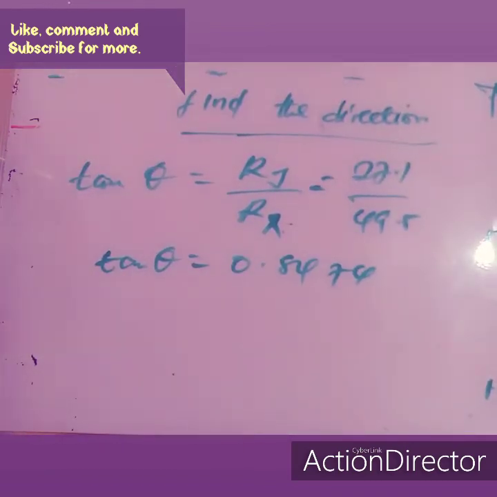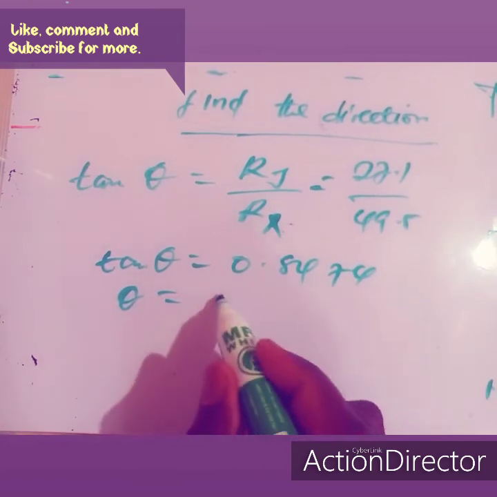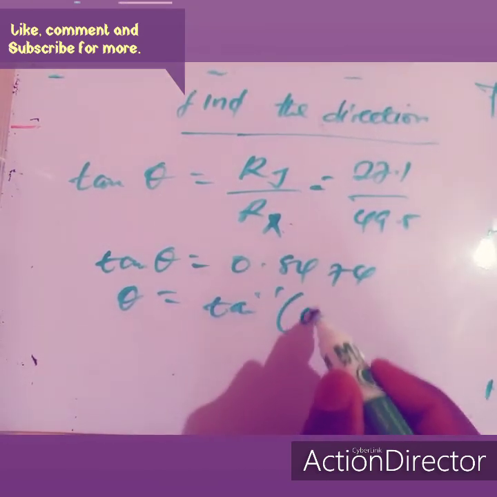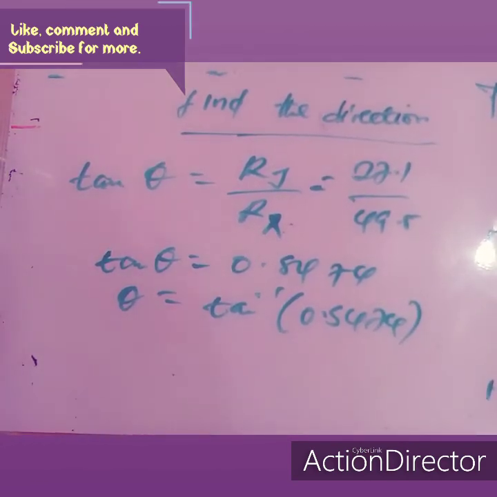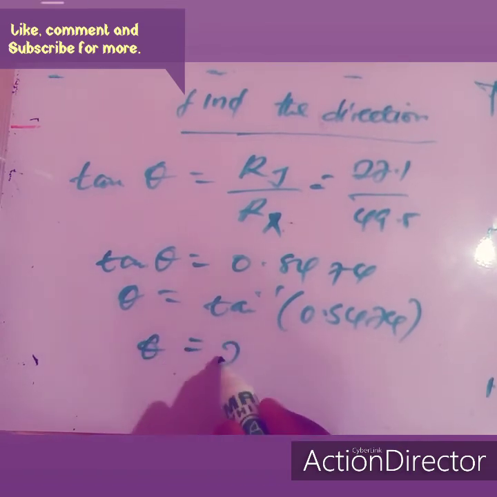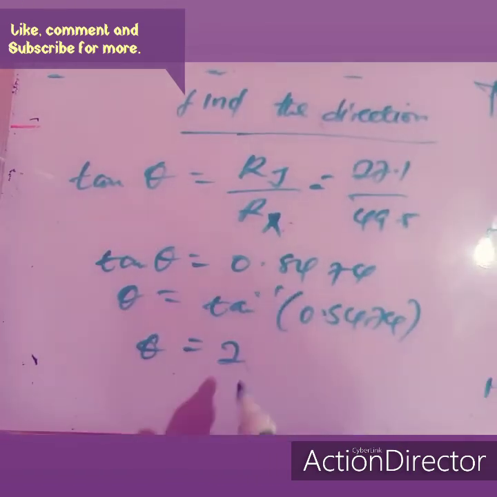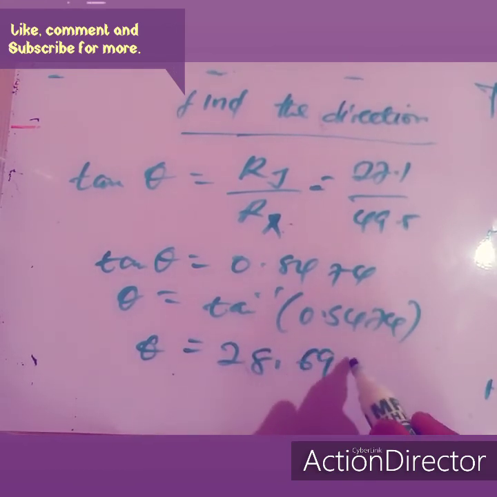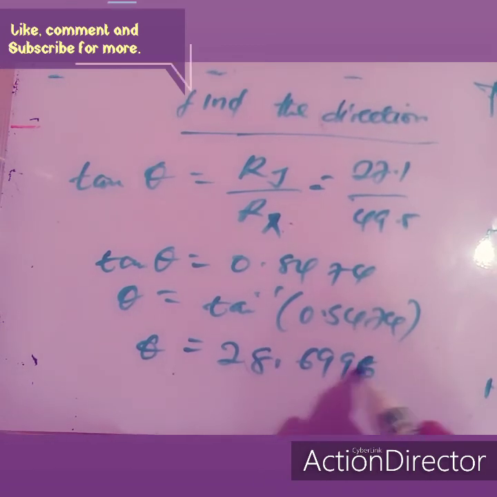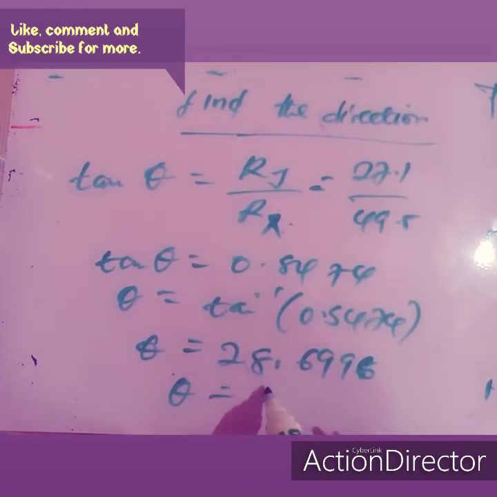Okay, so theta will be equal to tan inverse of 0.5474, this will give us 28.6995. So theta will be equal to 28.7 degrees. So that will be our direction.